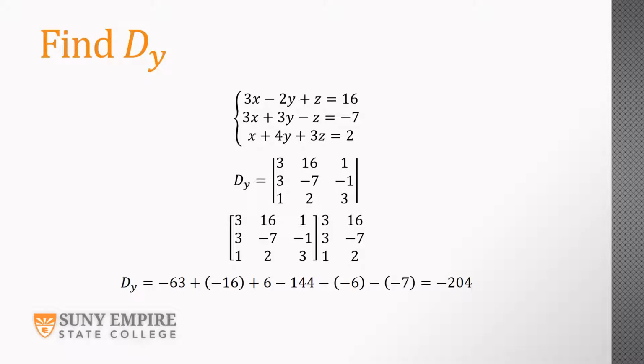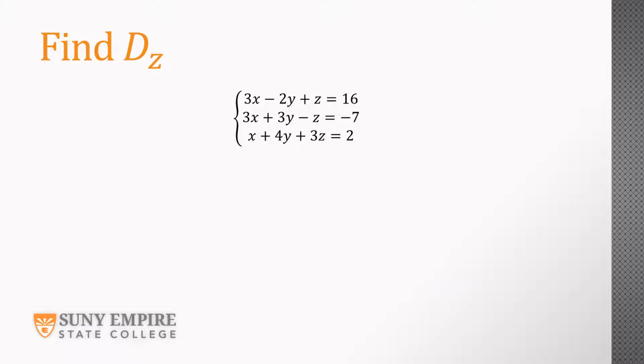Finding the diagonal products gives us negative 63 plus negative 16 plus 6 minus 144 minus negative 6 minus negative 7. So the determinant is negative 204.